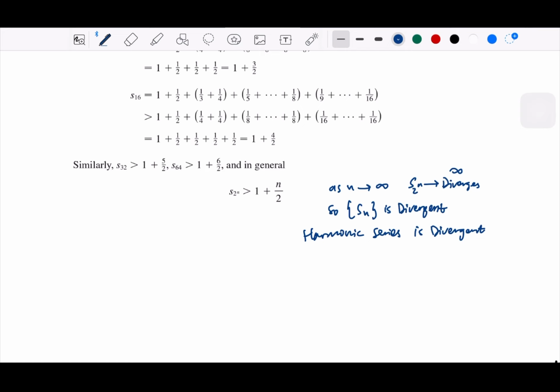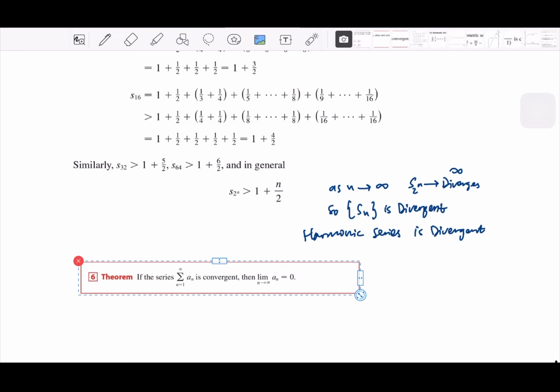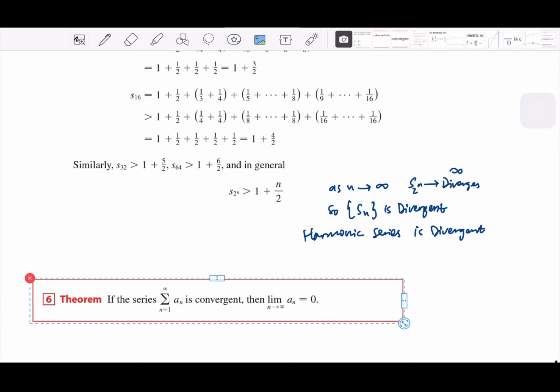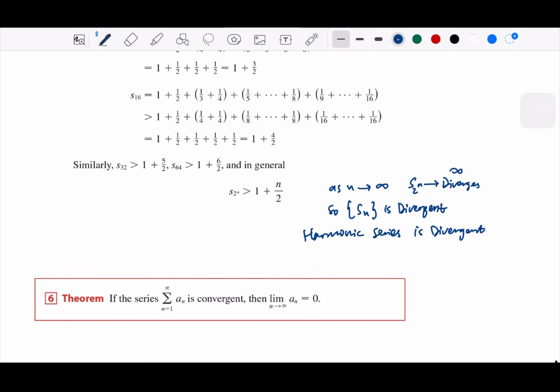Now this led to one important theorem, and the first theorem is related to our previous examples. So if the series is convergent, then the limit is equal to 0. Okay.